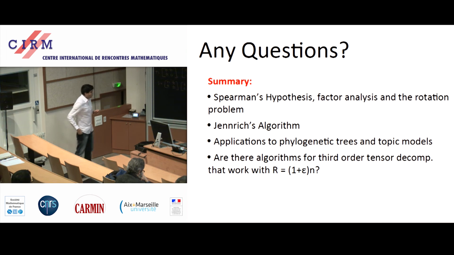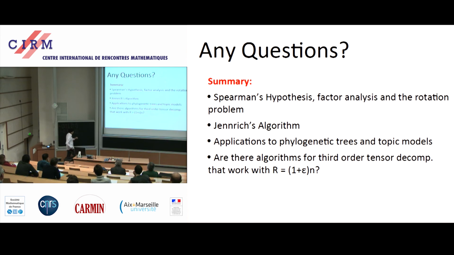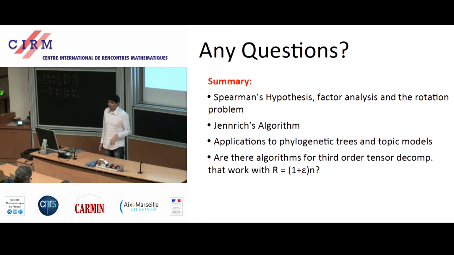One of my favorite questions is this: the reason Jennrich's algorithm was forgotten was because there are uniqueness theorems that work well beyond n. There are things that work for 3/2 times n, and even things that work for polynomial factors larger, so they work for n to the 3/2. A very basic question is, we now have an algorithm for finding the decomposition under reasonable conditions of a rank up to n tensor, if it's n by n by n.